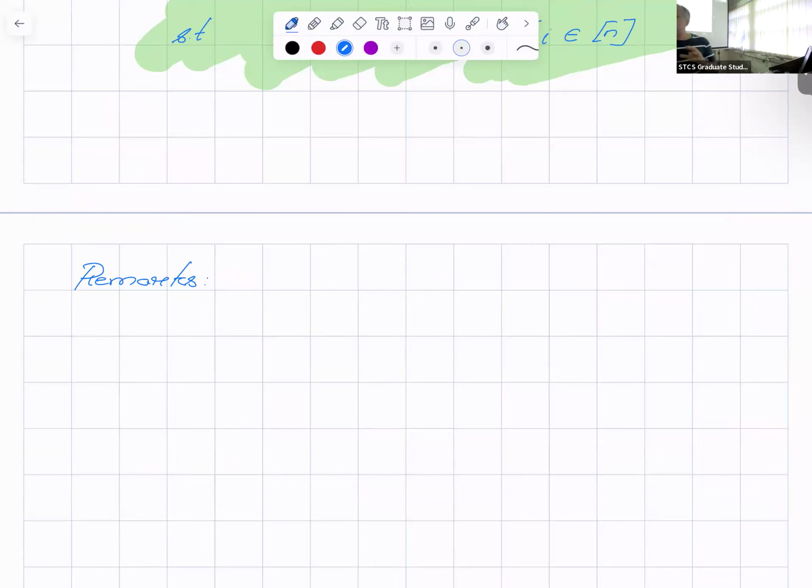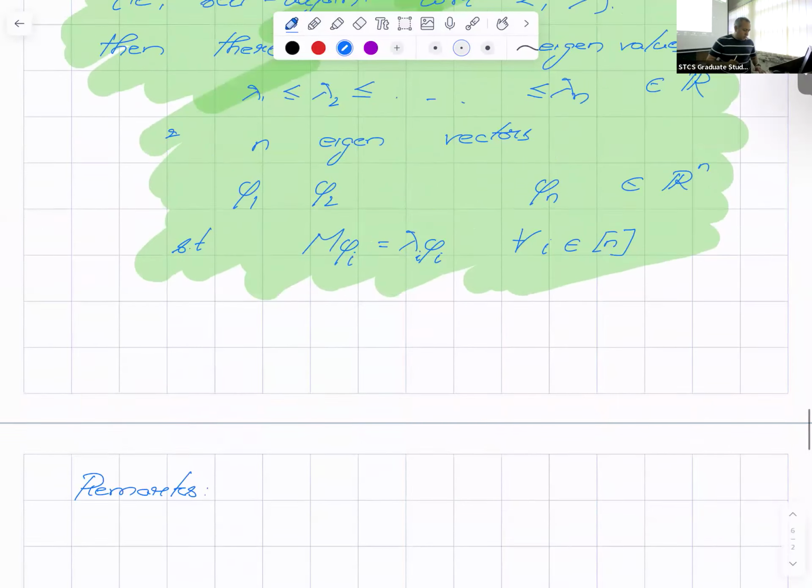The reason I'm stating it this way is that when you work with a random walk matrix, we will not work with the classical dot product. We'll work with a different inner product, but it will still be self-adjoint with respect to that inner product, and hence the spectral theorem will tell you that you have a full eigenspectrum. So this is a theorem which we take without proof.